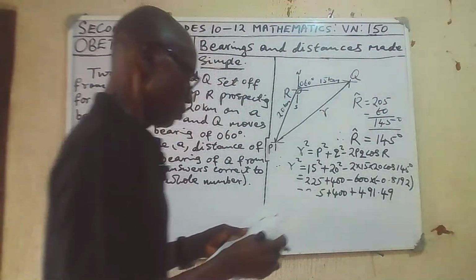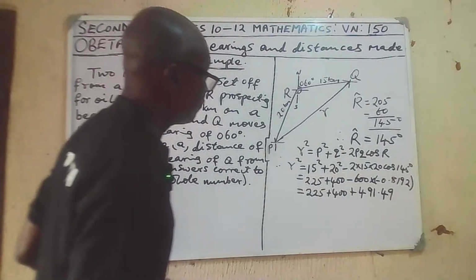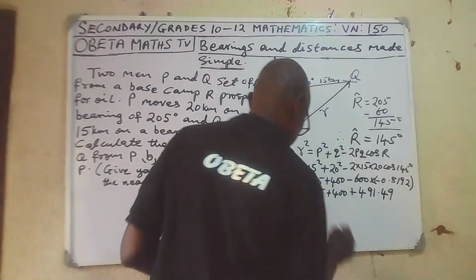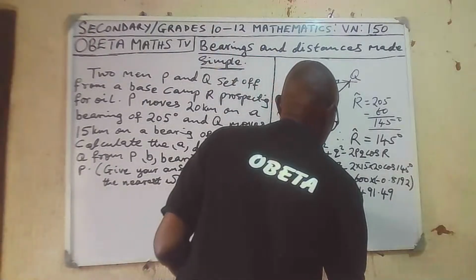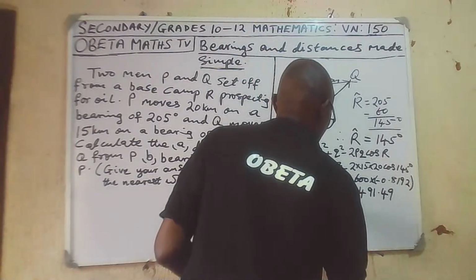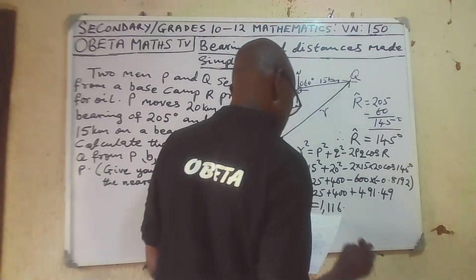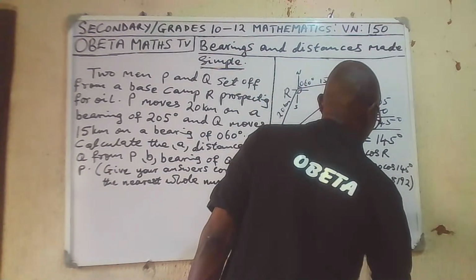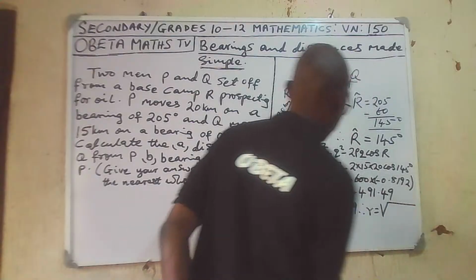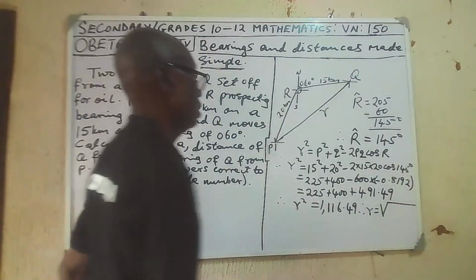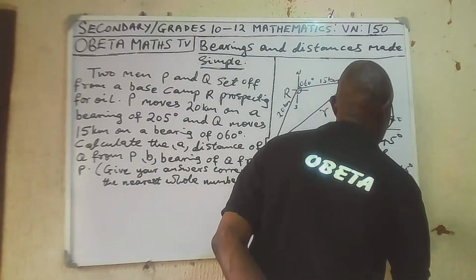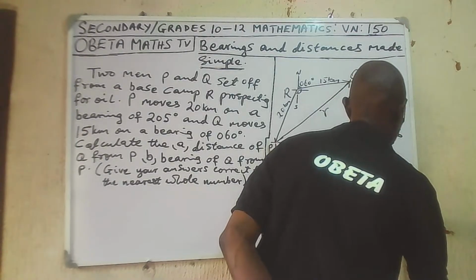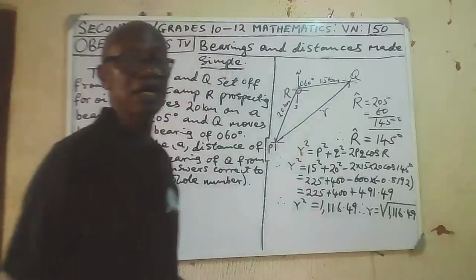Now you add everything, it then means that our r squared is 1116.49. Therefore, r equals the square root of 1116.49.